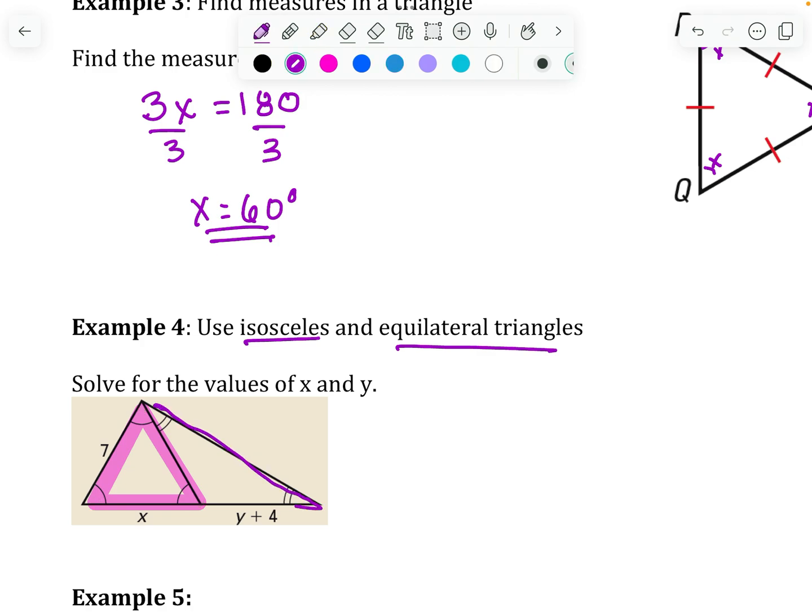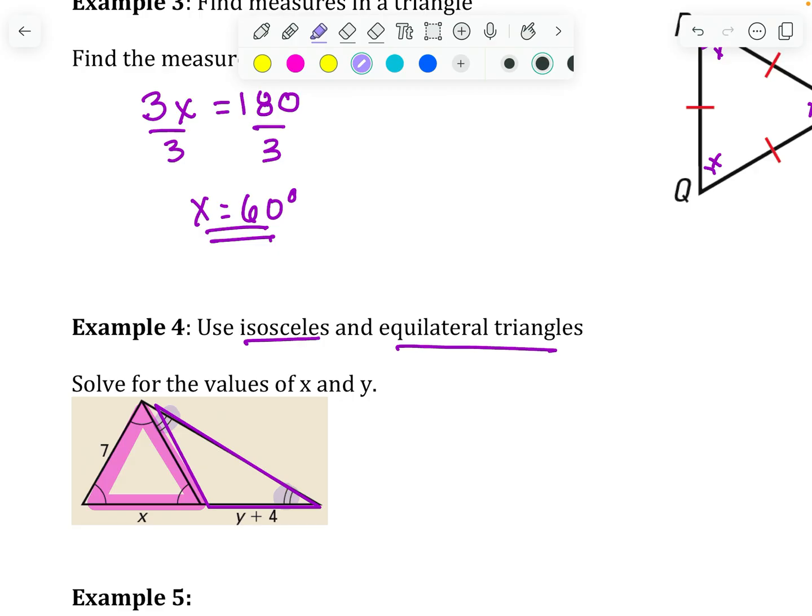Okay, how do I know that's isosceles? Well, if you notice, these two base angles are marked as congruent. So because the base angles are congruent, we know that the sides are going to be congruent.